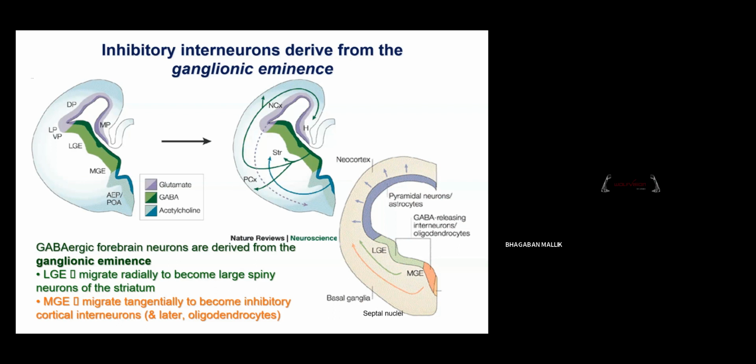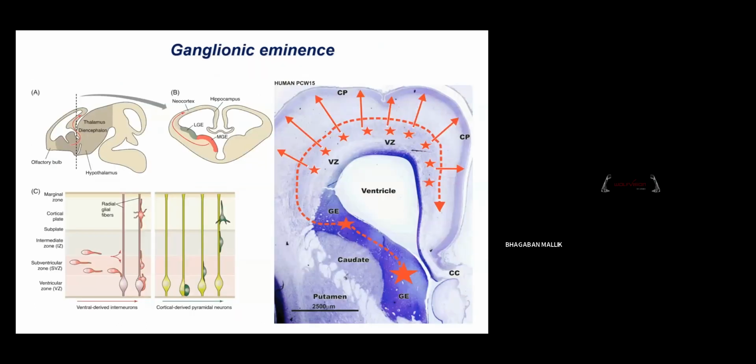Okay. Some cells later also become oligodendrocytes derived from the medial ganglionic eminence region, and some cells in the lateral ganglionic eminence region migrate radially to become neurons of the striatum. Here two different kinds of migration are shown in this picture.